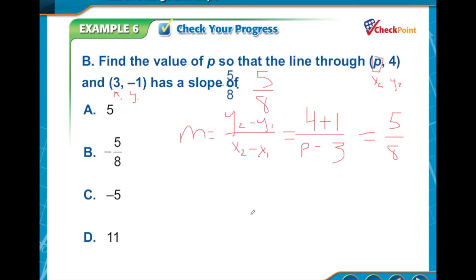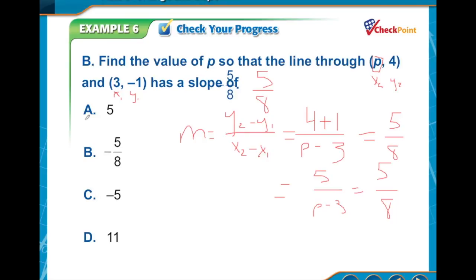So in this case, we could now simplify, find the cross products, and solve for this answer. And if you were to simplify this, 4 plus 1 we know is 5 over p minus 3 equals 5/8.